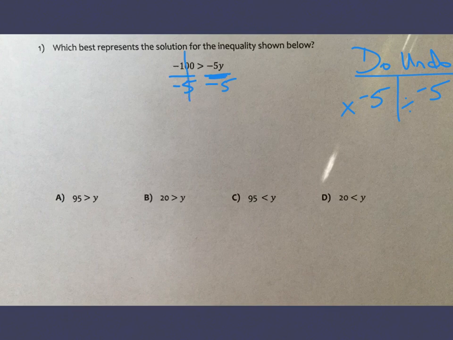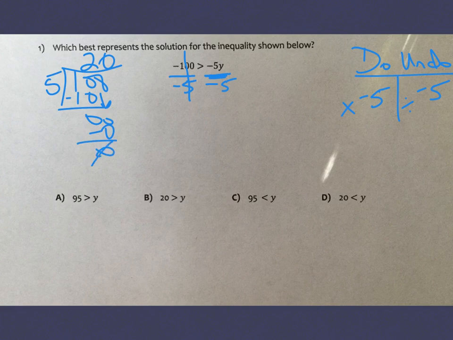100 divided by 5 is 20. 20 is greater, what are we dividing by? We're dividing by a negative integer.